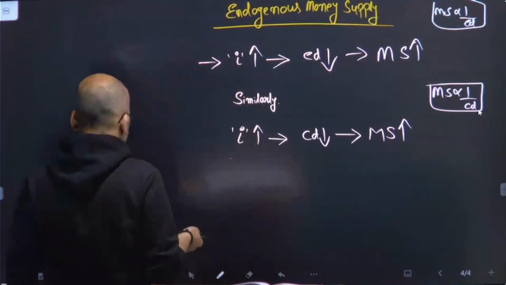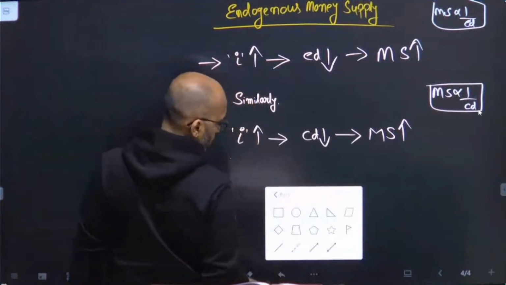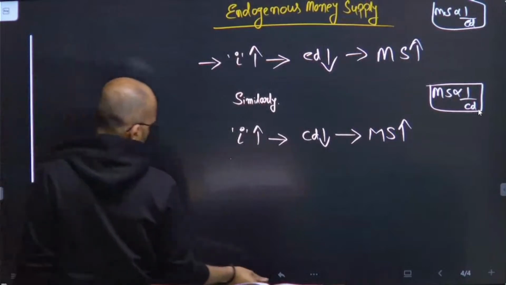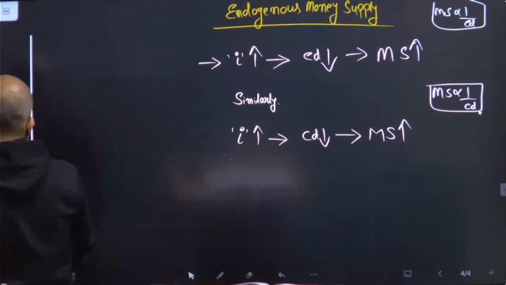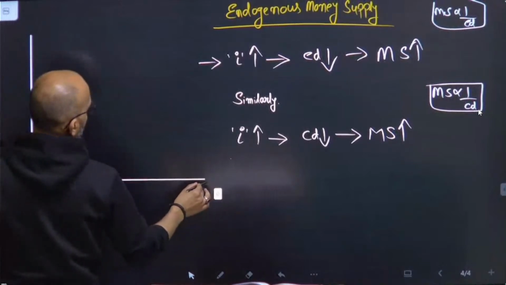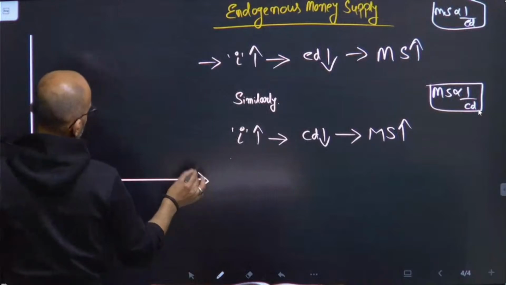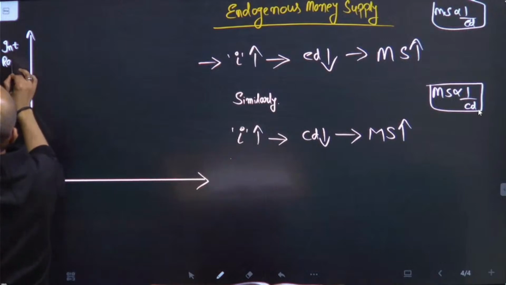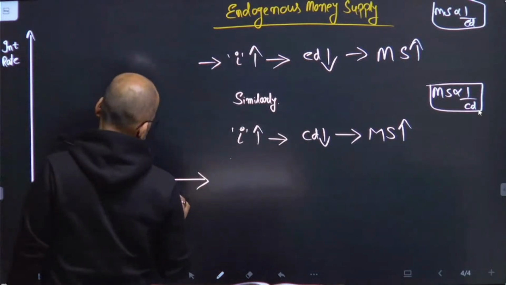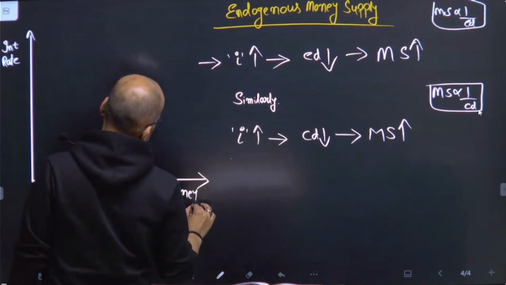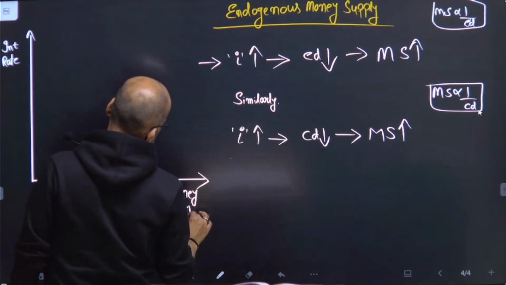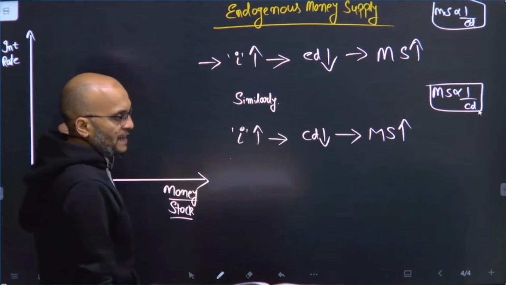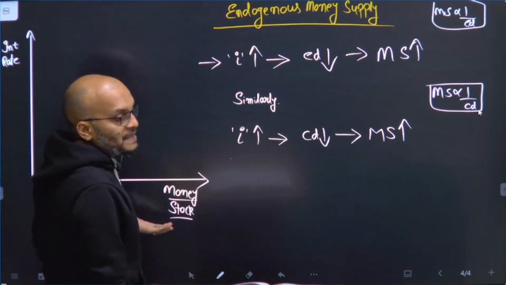So if I draw the curve, as interest rate will increase, money supply will increase.